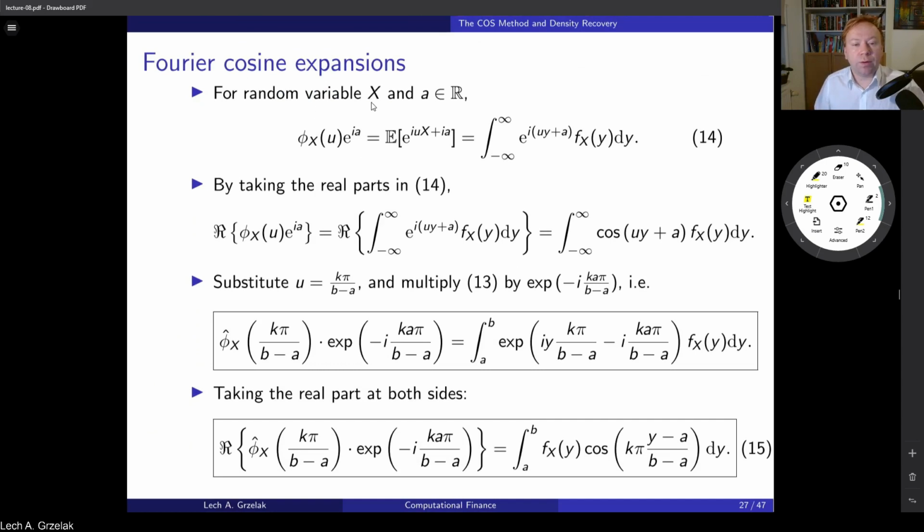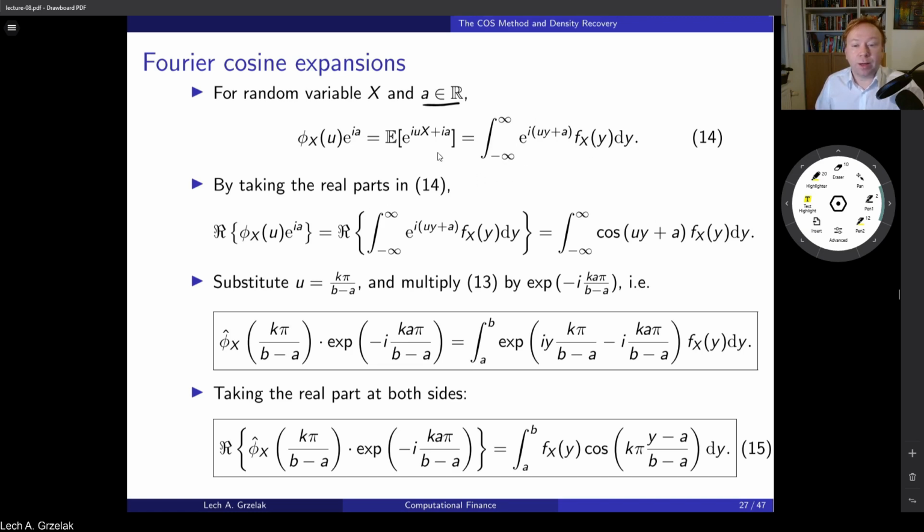Okay, so if we have a random variable x and we have a, which belongs to R, we have the characteristic function of u times e to the power i a. Then by definition, the expectation, the definition of the characteristic function with additional coefficients that go under the expectation, we end up with an integral from minus infinity to plus infinity, and then the following relation. This is just an application of the definition of the characteristic function.